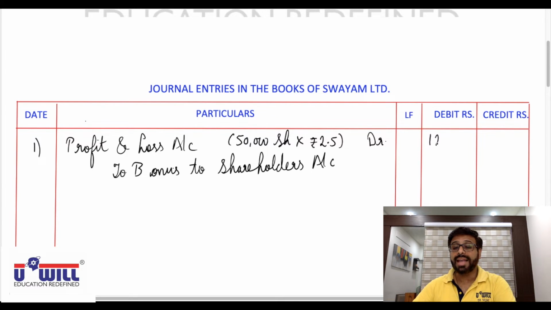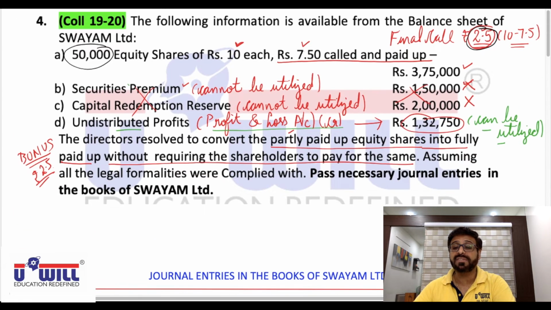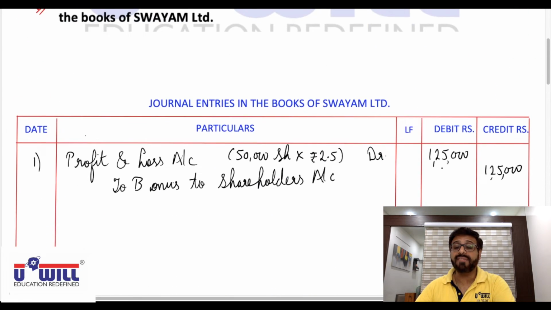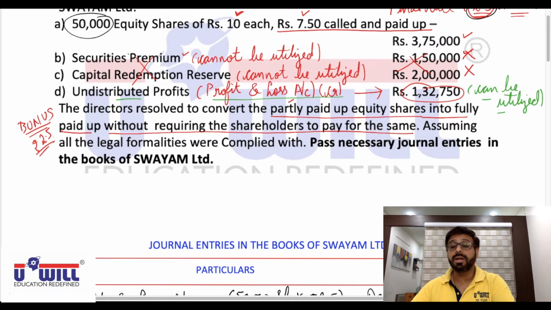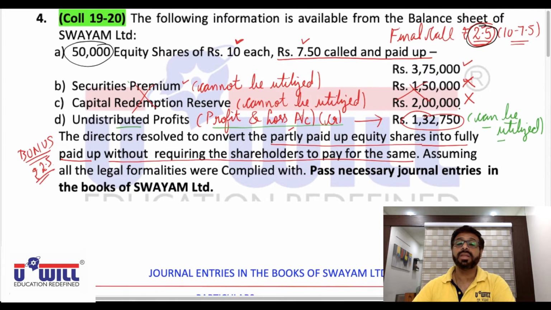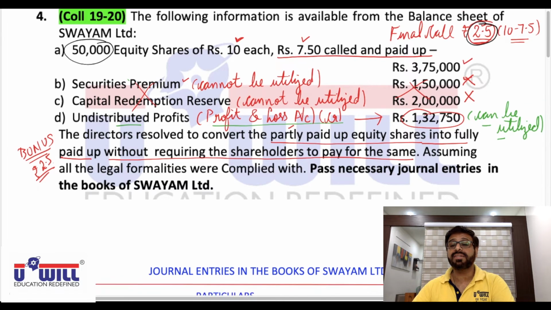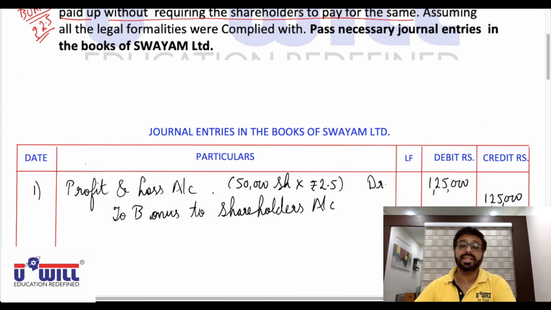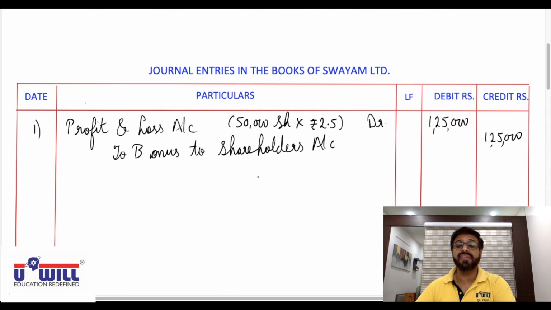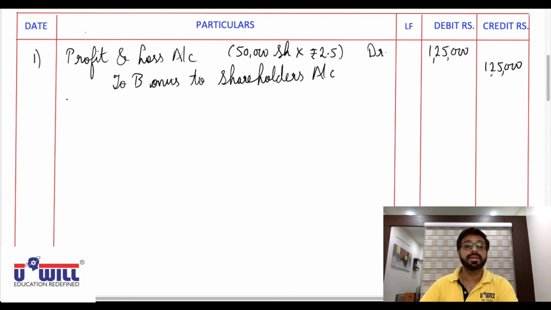So 1,25,000 is the amount of bonus, which we will take from P&L account. See, P&L account is sufficient, yes. We have to take 1,25,000 and we have 1,32,750 already there in P&L account. So from that 1,32,750 we will take 1,25,000 from P&L account and give bonus to shareholders.